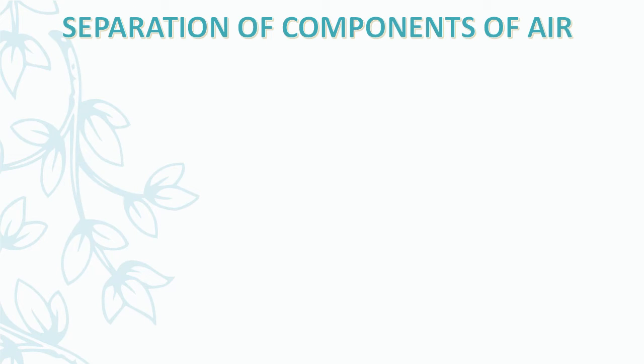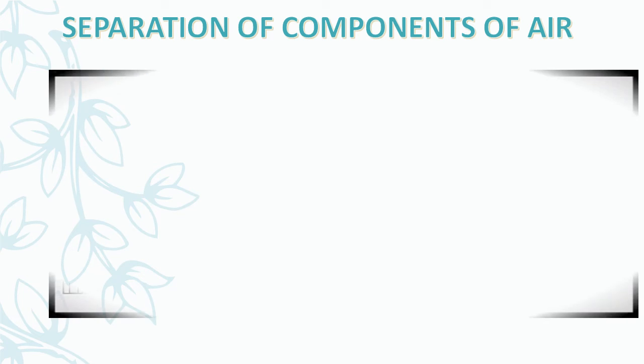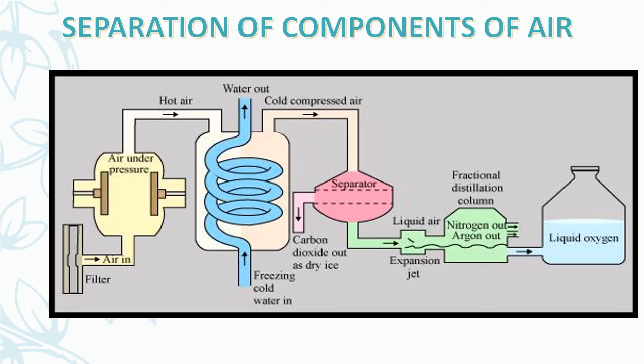Next comes separation of components of air. We know air is a homogeneous mixture. So how are we able to separate the components of air? Air is a homogeneous mixture and can be separated into its components again by fractional distillation. The steps to separate it: air available in the atmosphere has to be compressed and cooled by increasing pressure and decreasing temperature.